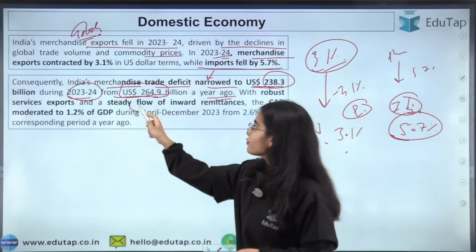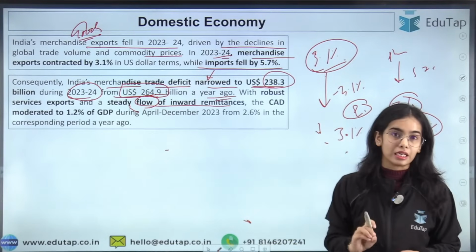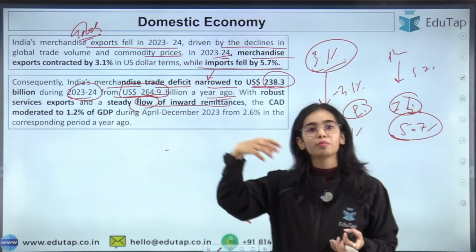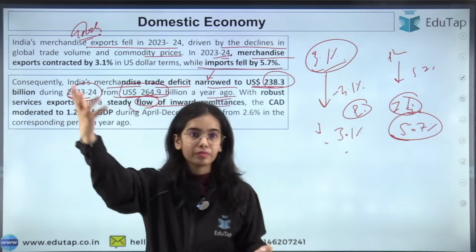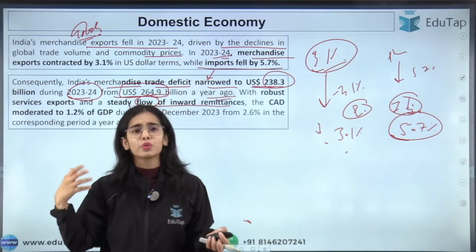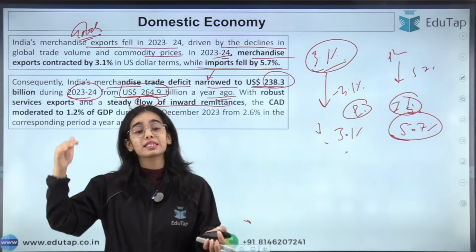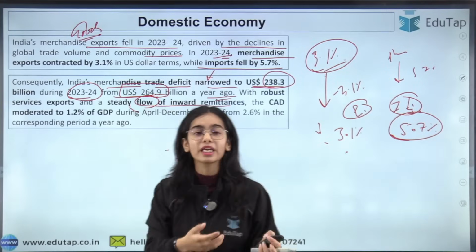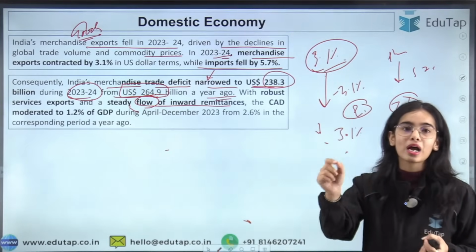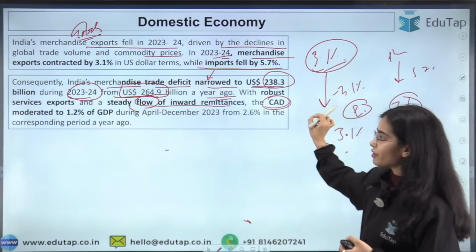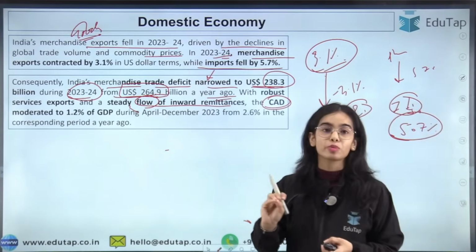A steady flow of inward remittances was seen. A steady flow of inward remittances was coming from our brothers and sisters living in America, Singapore, UK and different countries. They are sending remittances to their relatives in our country. So the inward remittances flow has been steady. The current account deficit moderated to 1.2% of GDP.